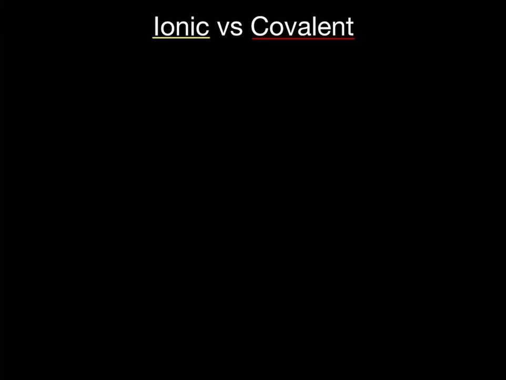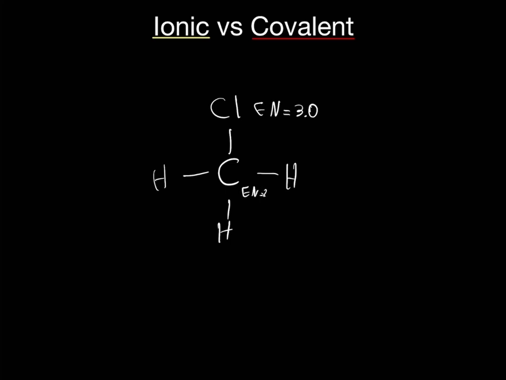So now let's go through a few more practice problems to understand this concept. Let's say we have carbon, and then we have a chlorine. Chlorine has an electronegativity value of, I believe, 3.0. Carbon is 2.5, and then hydrogen is 2.1. As we talked about, the bonds between hydrogen and carbon are always going to be nonpolar.